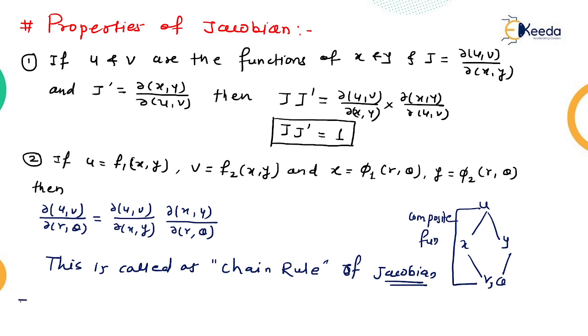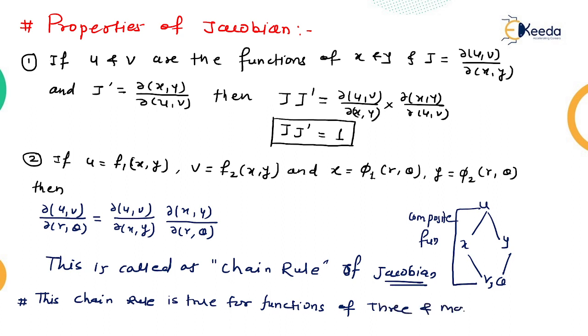So there is a note I am writing here. This chain rule is true for Jacobian of functions of 3 and more variables.